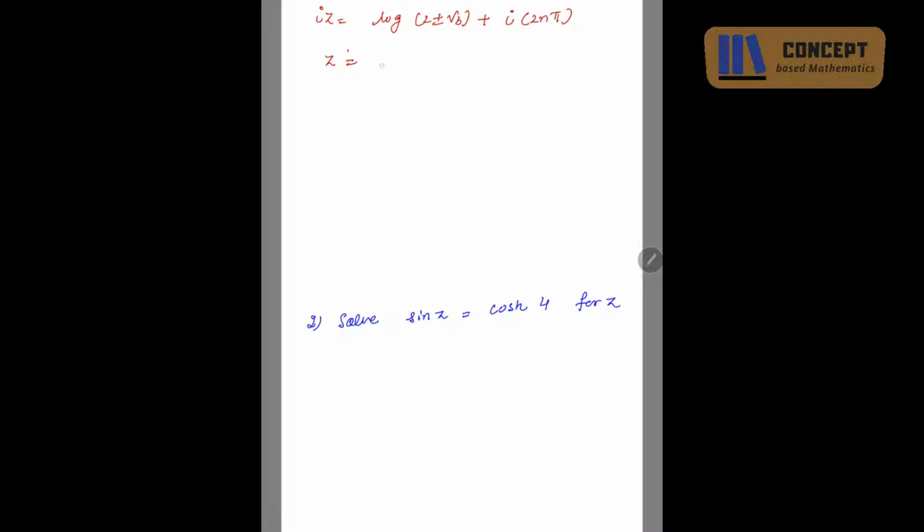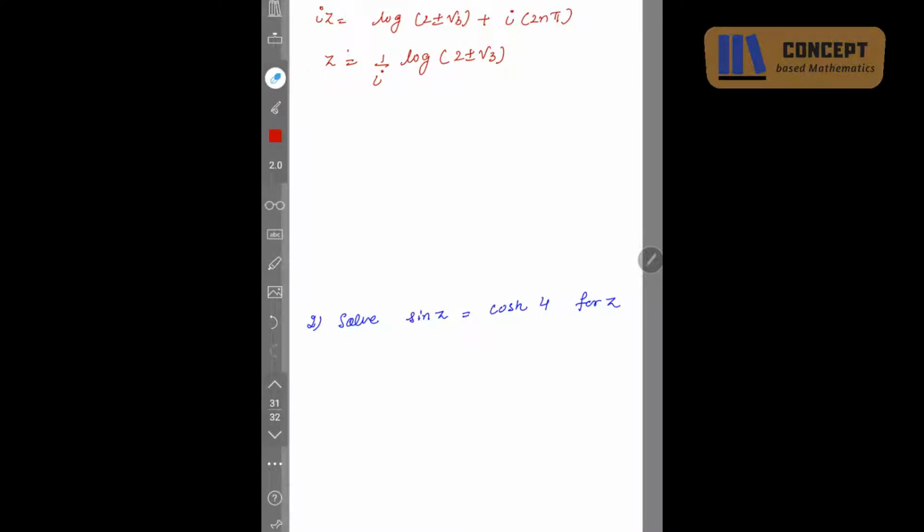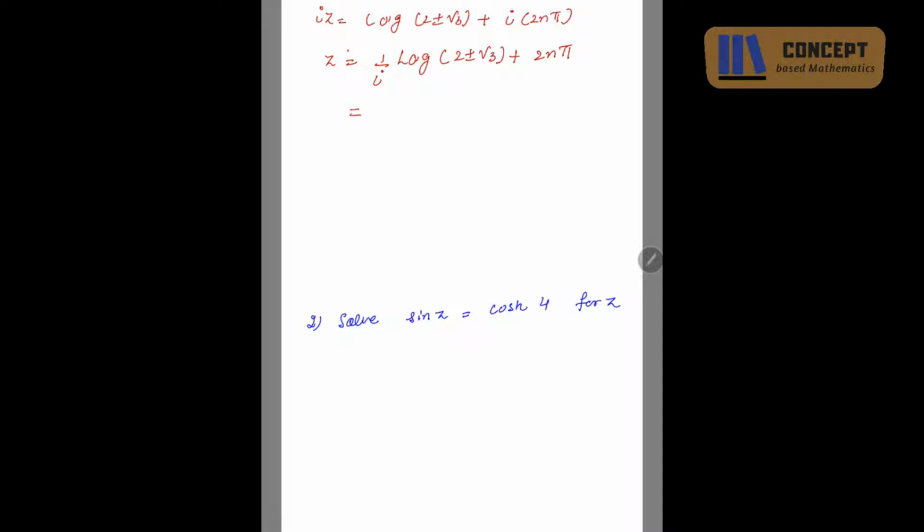So z comes out to be 1 over iota times log of 2 plus minus root 3 plus 2n pi. Next, if you multiply with iota and divide by iota, you will get iota over iota square.